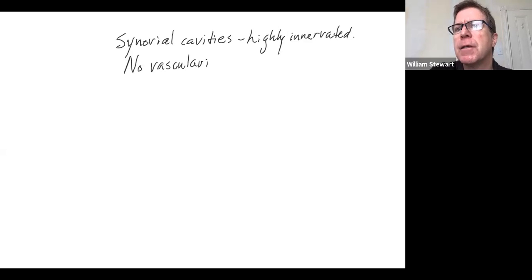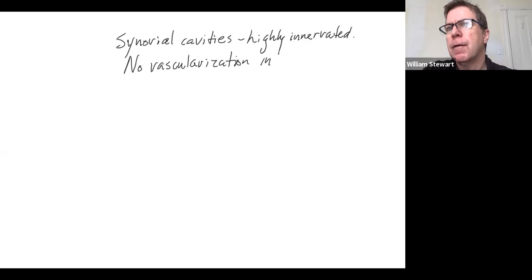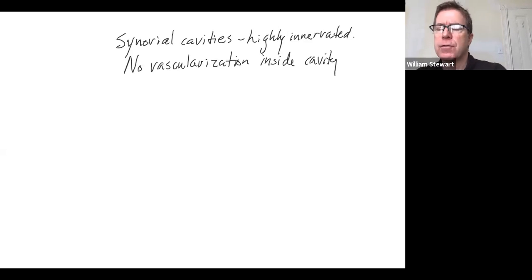So I'm writing no vascularization inside the cavity. There's rich vascularization right around the edge. And so fluid gets pushed out of the blood into that cavity space, but there's no direct blood supply itself. There are many vessels outside, but not inside.